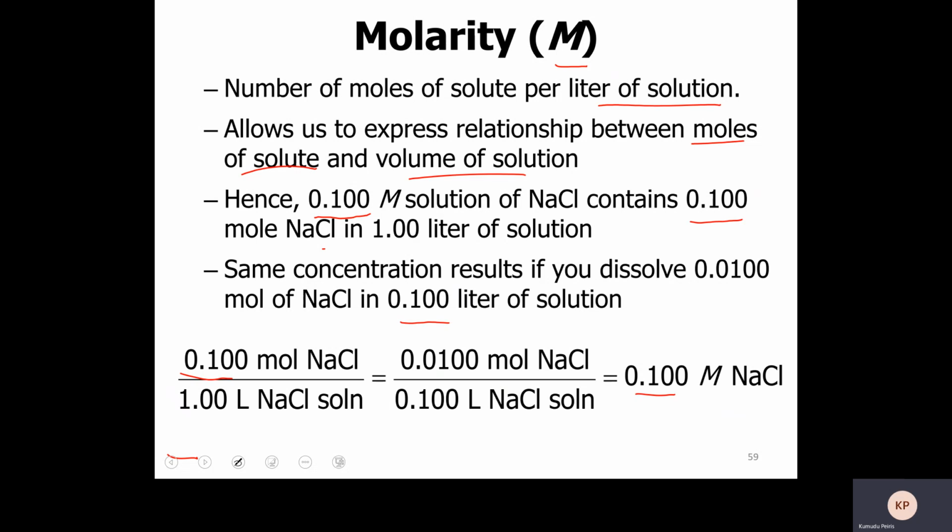Again, if we divide 0.0100 mole sodium chloride by 0.100 liter of its solution, we would get the same result. So we can get the same molarity with different proportions of the moles and the volumes of the solutions.